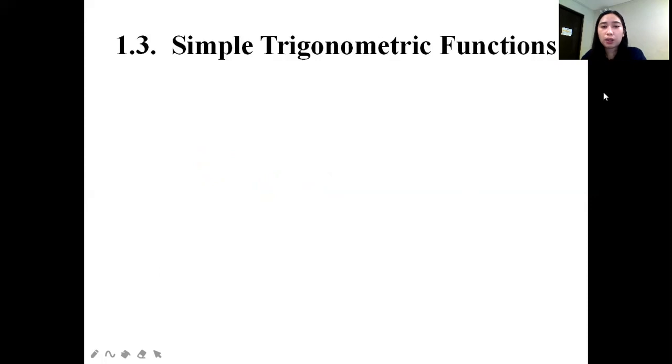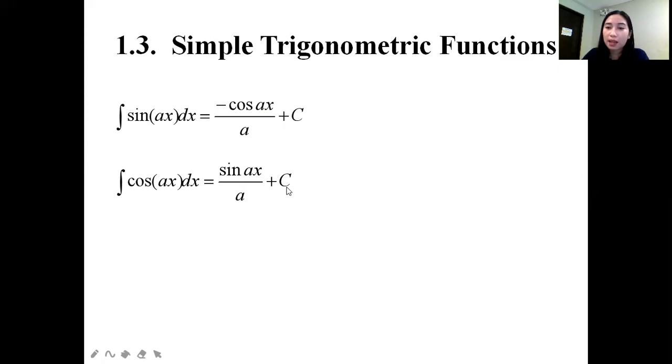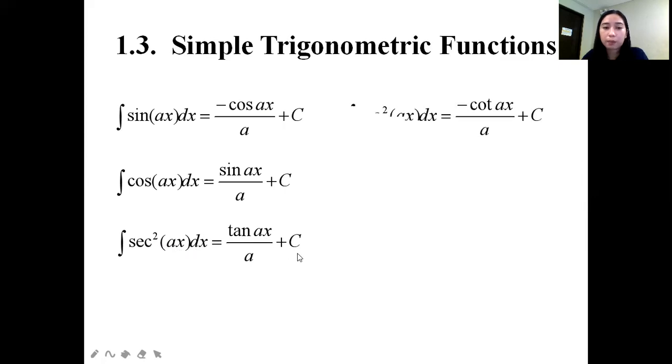Okay, so now we are going to proceed with the simple trigonometric functions. So, the integral of sine ax dx is equal to negative cos ax over a plus c. The integral of cos ax dx is equal to sine ax over a plus c. The integral of secant squared ax dx is equal to tan ax over a plus c.